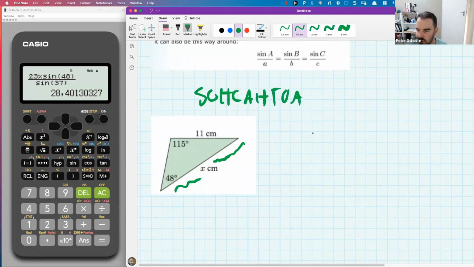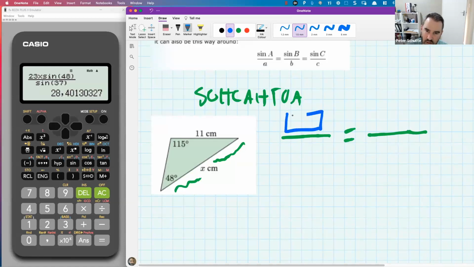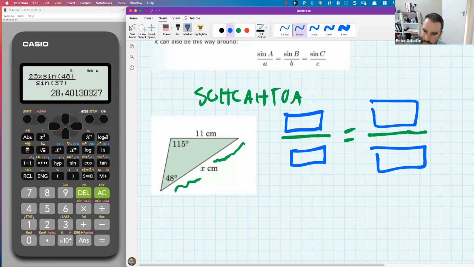So I have to use this new sine rule. So can you write down, I'm going to suggest that your working out should look something like this. I want you to fill in the spaces here, here, here, and here. I'm going to give you 30 seconds or so to write it down, and then I'm going to try from there.